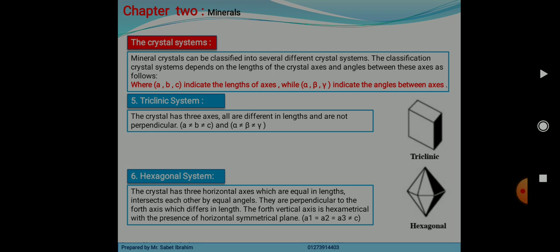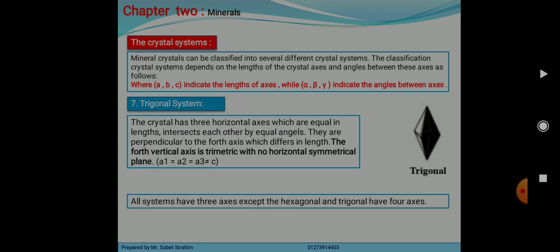So it has one horizontal symmetrical plane. And as I said, A1 equals A2 equals A3 doesn't equal C, and C is the vertical axis on the three horizontal axes.